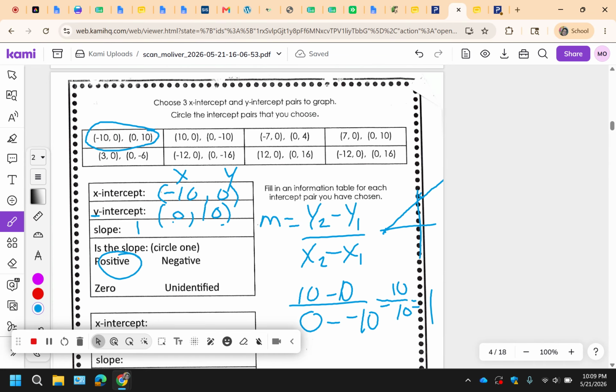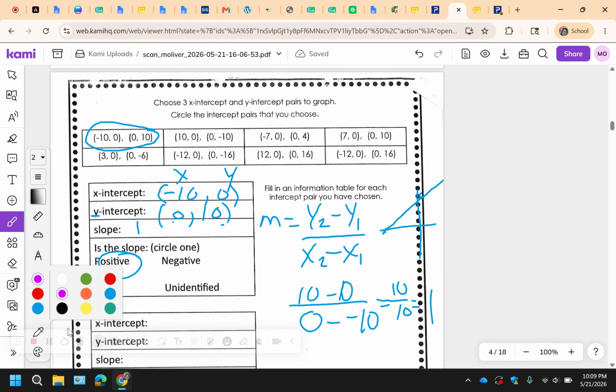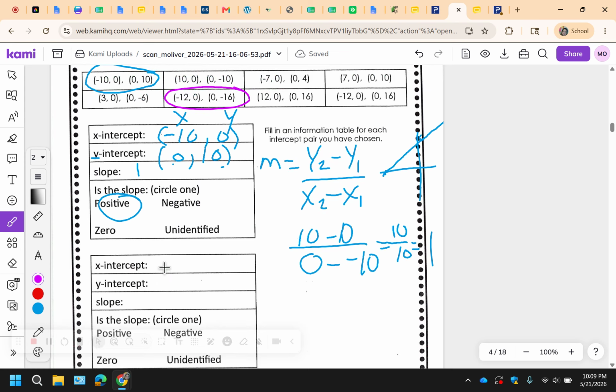Okay. So then say I want to do another one. Say we do this one here. The first one is my x-intercept. The next one is my y-intercept. And then again I use my formula. Negative 16 minus 0, because that came from these.